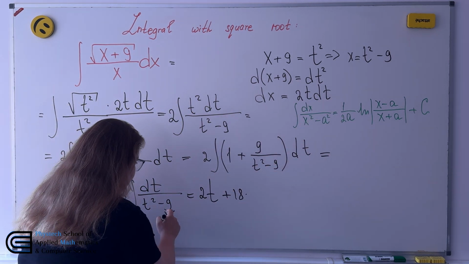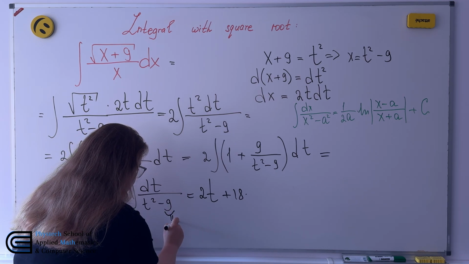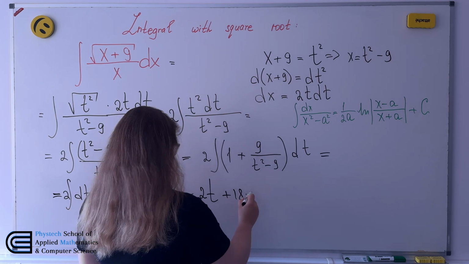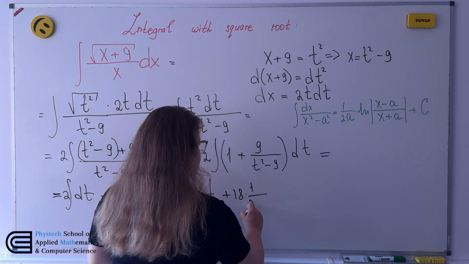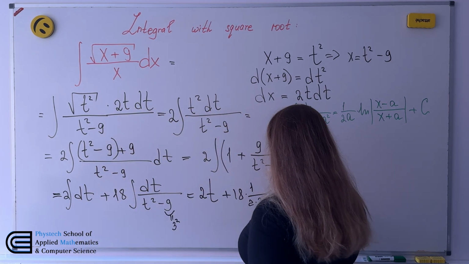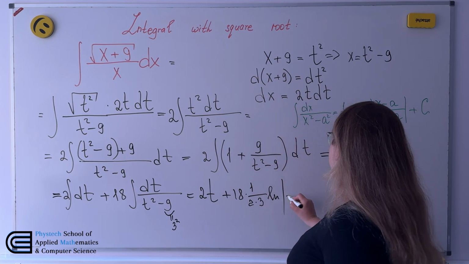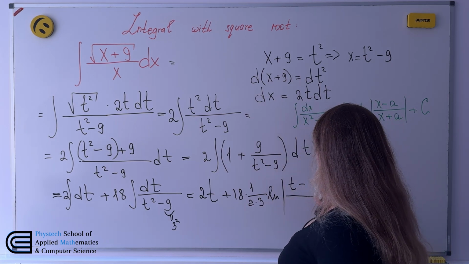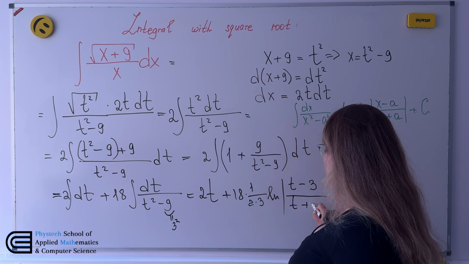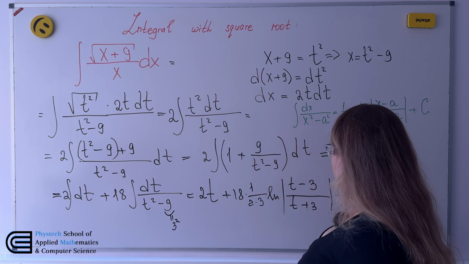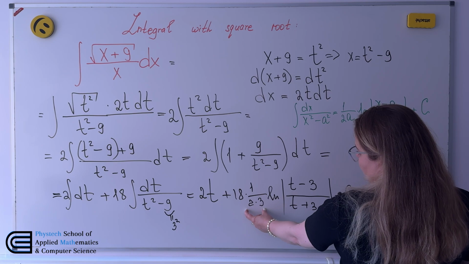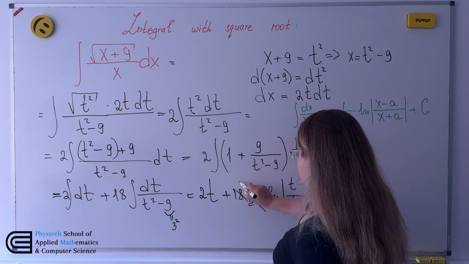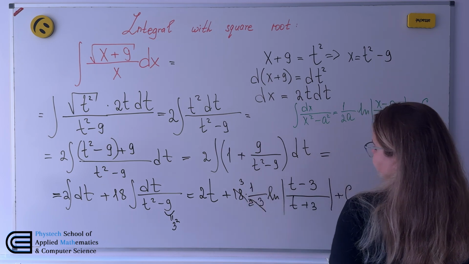Here 9 equals 3 squared, so a is equal to 3. 1 divided by 2 multiplied by 3, then the logarithm, and here we write t minus 3 over t plus 3, plus a constant. Here we have 6, and as a result we obtain 3.